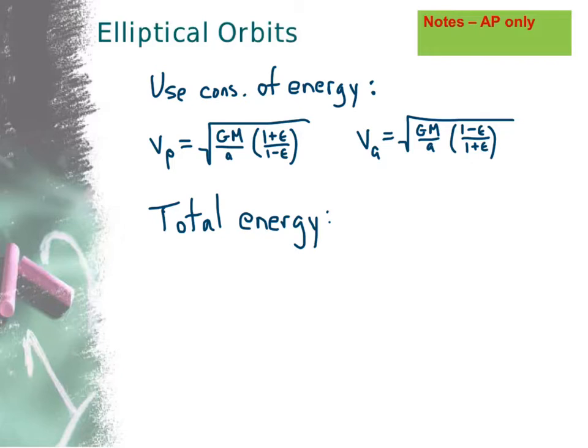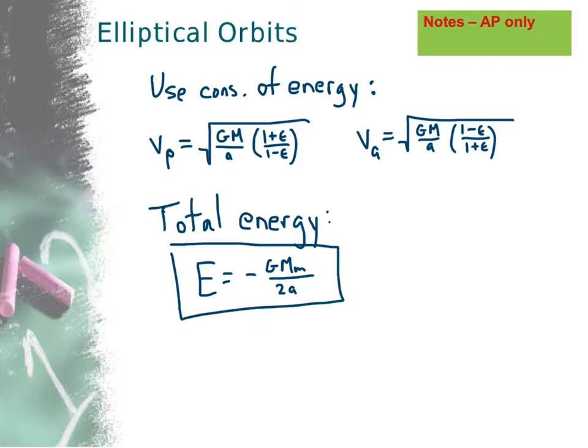And when you do that, it turns out really elegant: E equals negative G big M little m over 2A. And this is the total energy you'll get at any place in the orbit, because total energy is conserved. So anywhere in our elliptical orbit, you will get total energy E equals negative G M m over 2A.